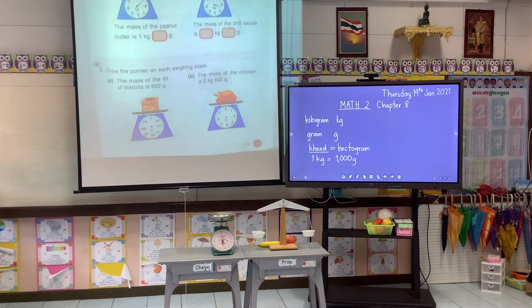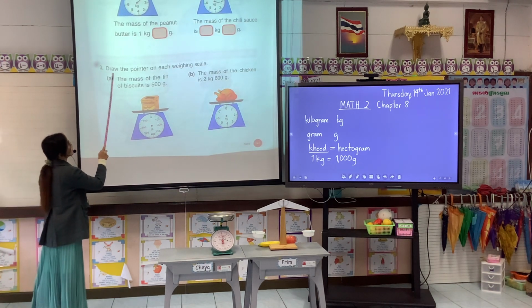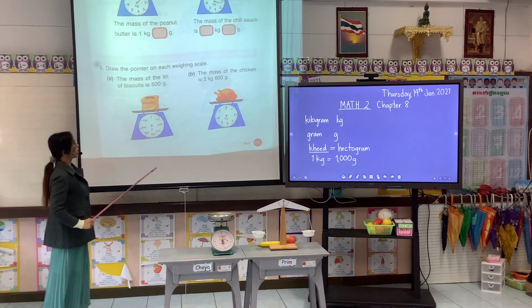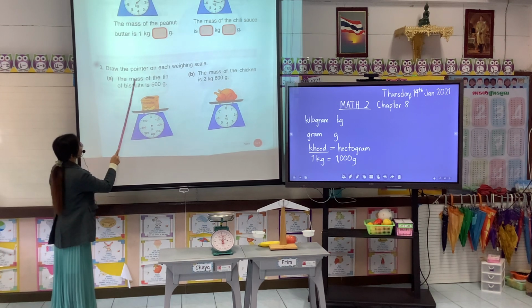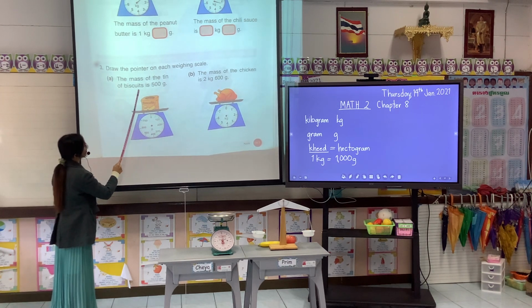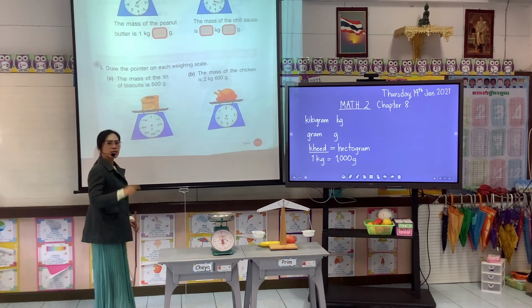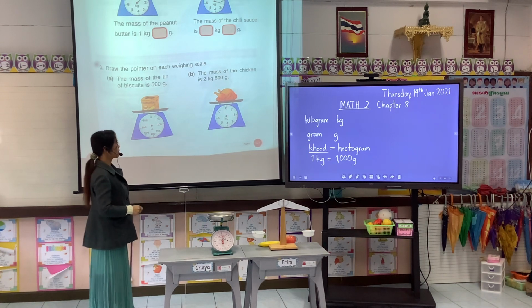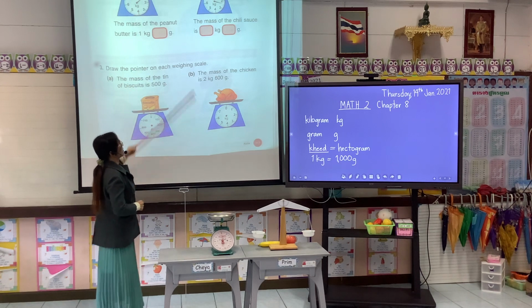Alright. So here, in number 3, we draw the pointer on the weighing scale. In picture 1, letter A, the mass of the tin of biscuits is 500 grams. Can you please do that in your textbook? Please draw the pointer of the spring scale.